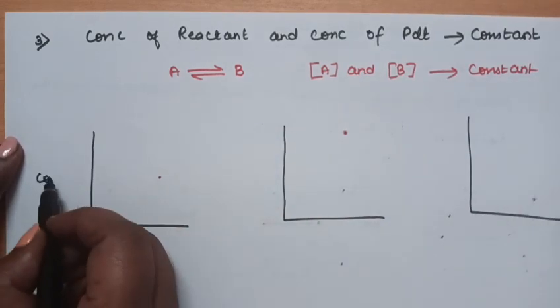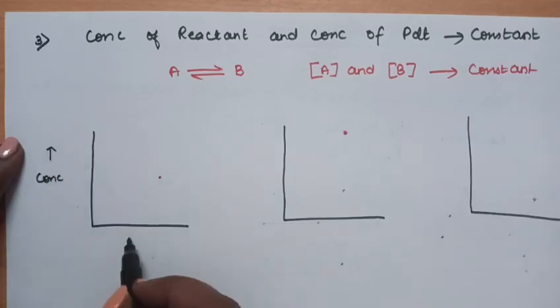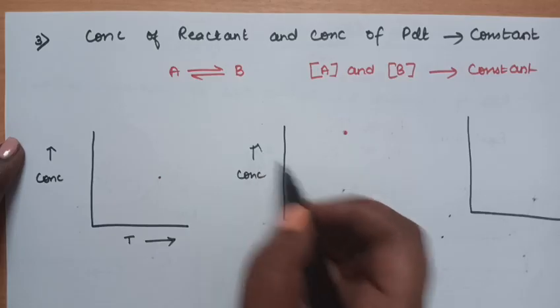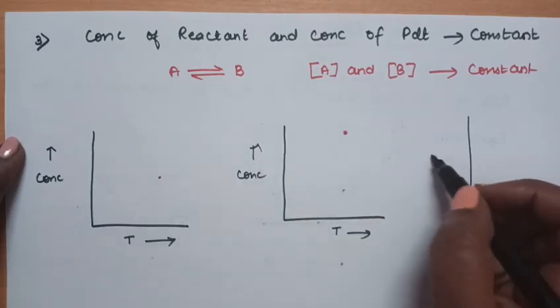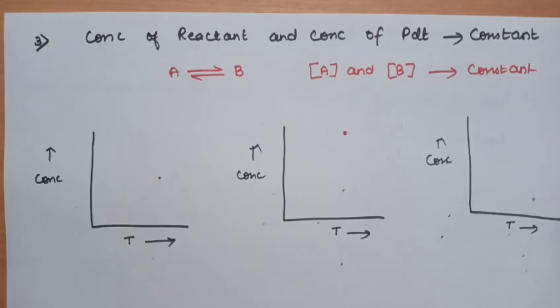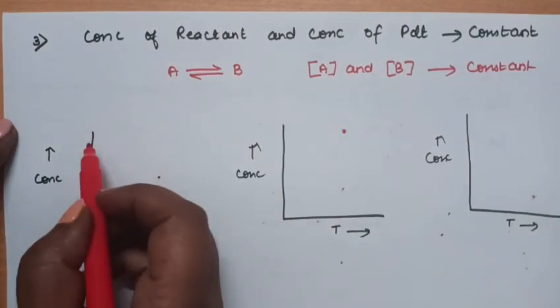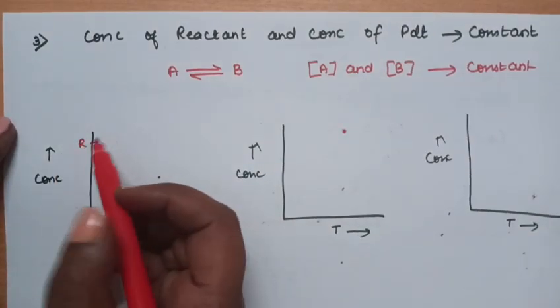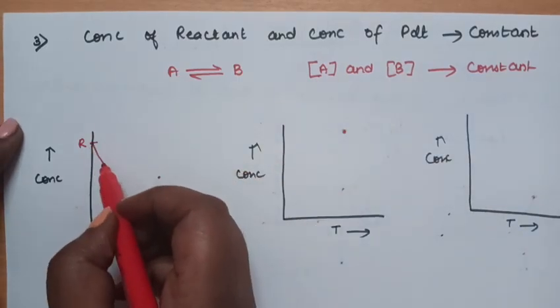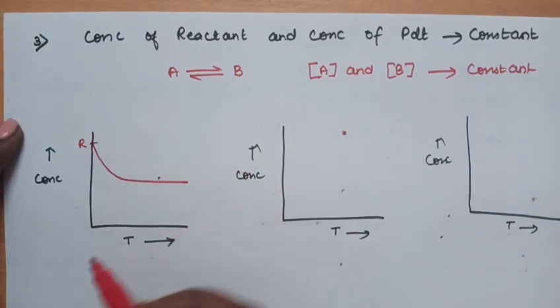Take concentration on the y-axis and time on the x-axis. First graph for the reactant. Initially the concentration of the reactant will decrease and then become constant.